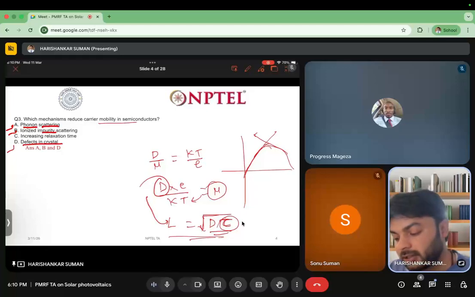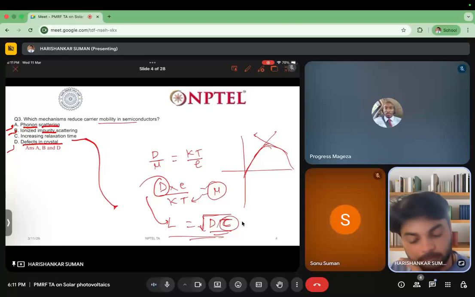If we increase the relaxation time, what happens to the mobility? Can you correlate from here? Increase this tau.